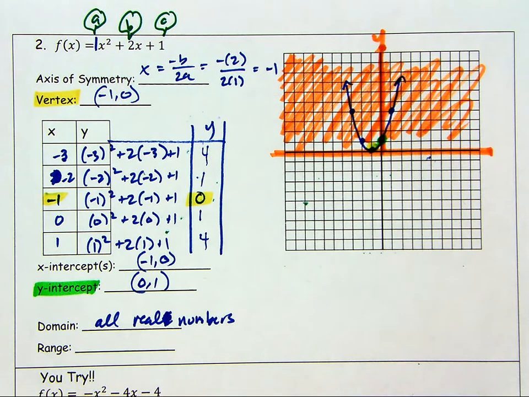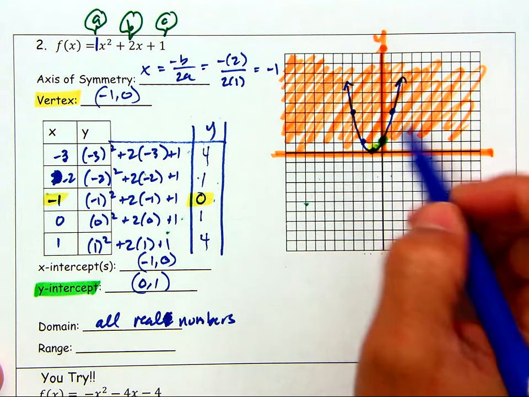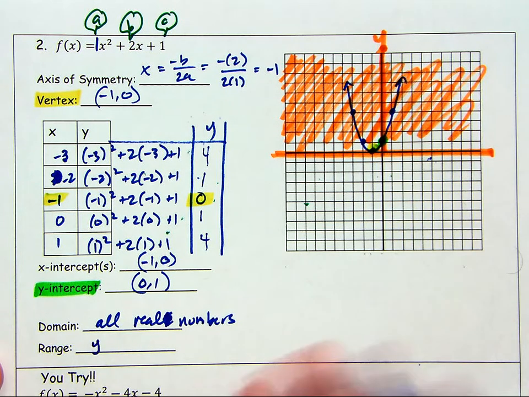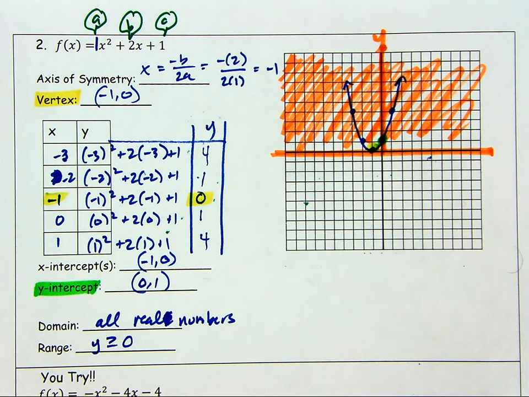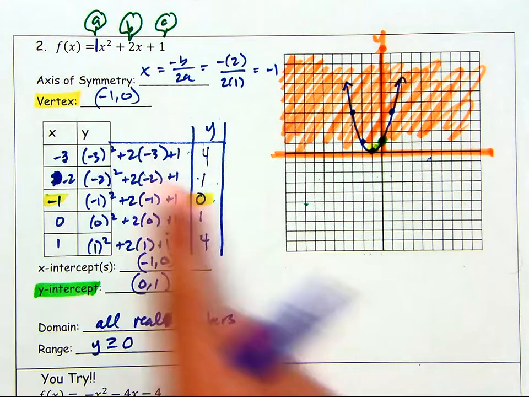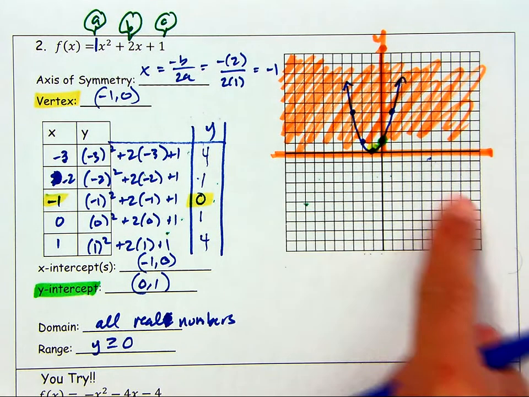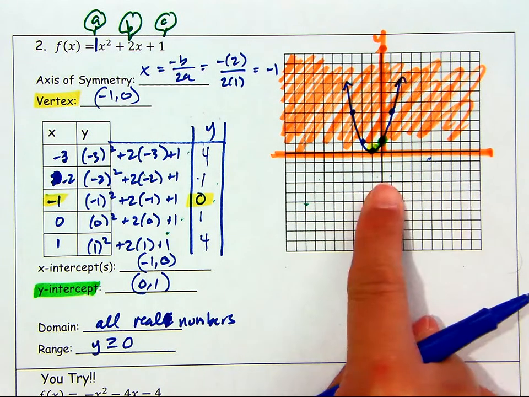So according to our graph, the y-coordinates of this function are going to be numbers that are 0 and bigger. This function does not produce points down here. It does not produce points with negative y values. It only produces points with positive y values.